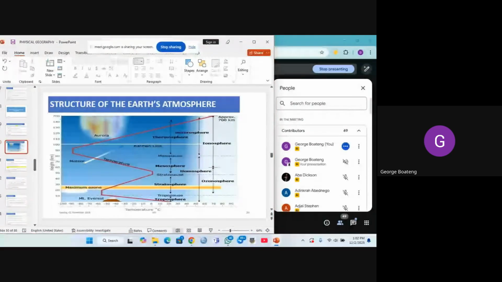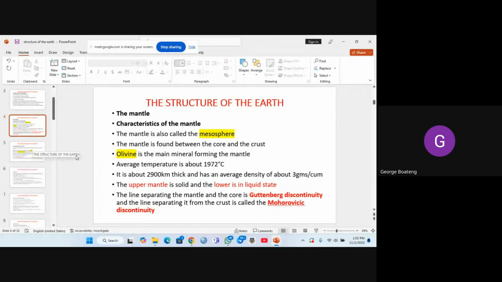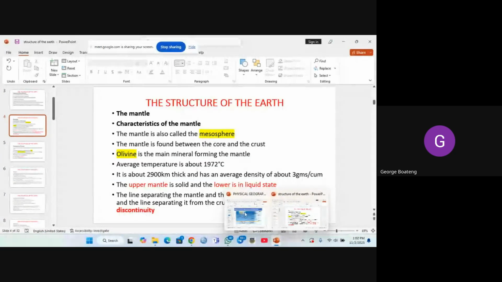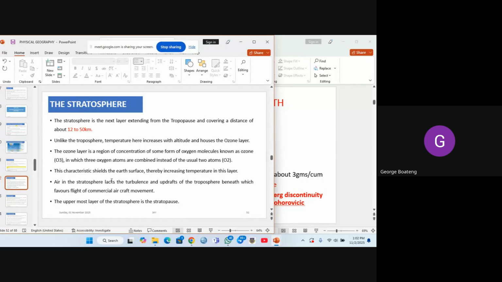Now, let's look at the stratosphere. In the stratosphere, we say it is very stable. It extends from about 12 kilometers from the ground to its highest limit, 50 kilometers upwards. Don't forget we said the uppermost portion of the troposphere is between 10 and 12.